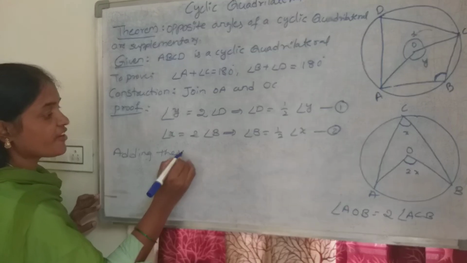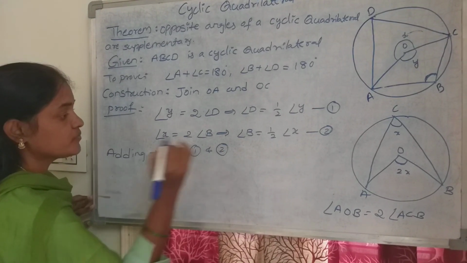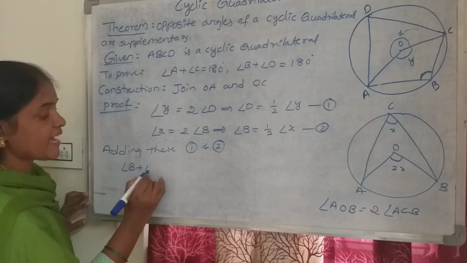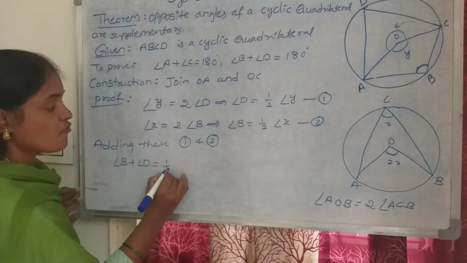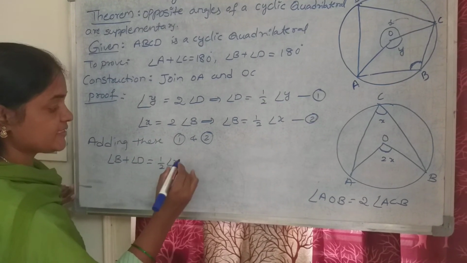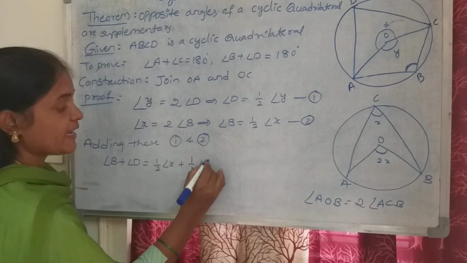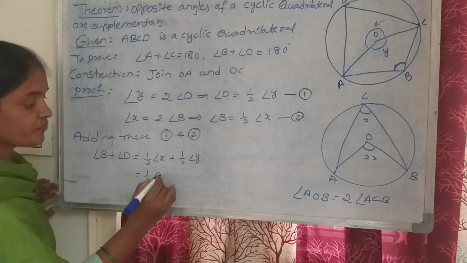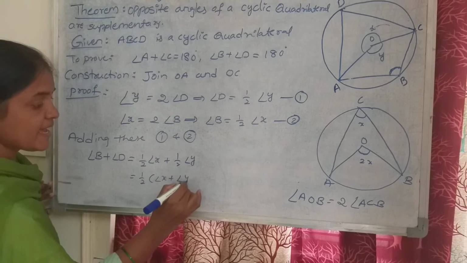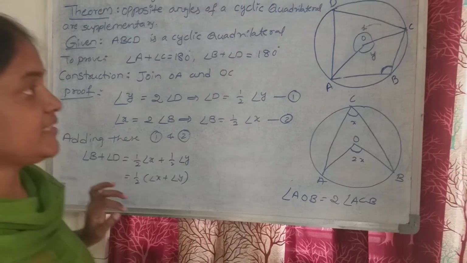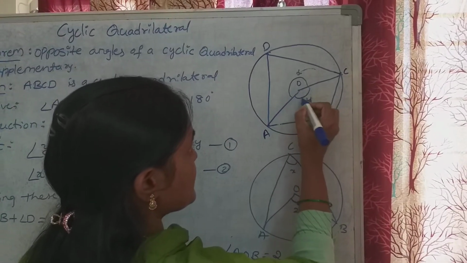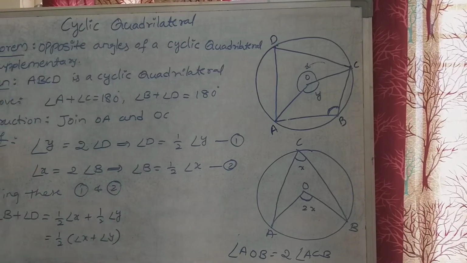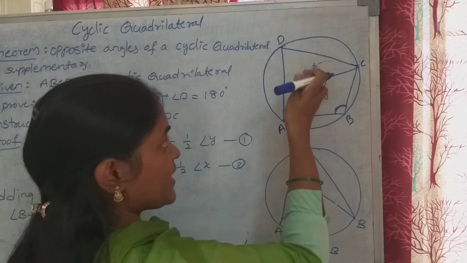Adding these two equations 1 and 2, we get angle B plus angle D equals 1 by 2 into angle X plus 1 by 2 into angle Y. The common term is 1 by 2 into angle X plus angle Y. Here the sum of angle X and angle Y equals 360 degrees, because this is a complete angle.